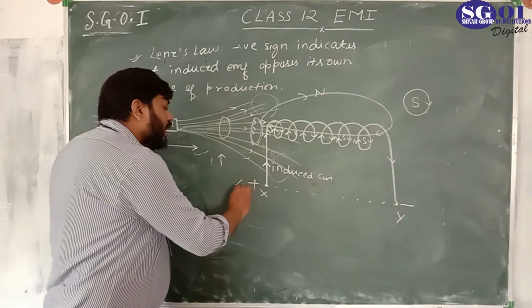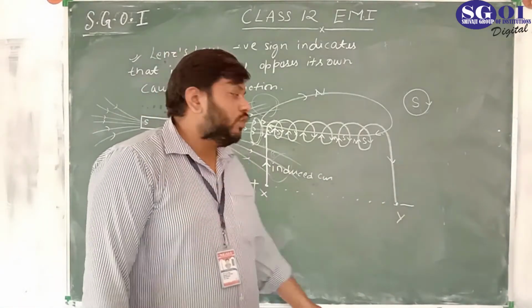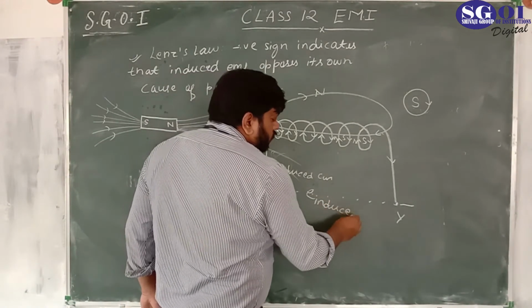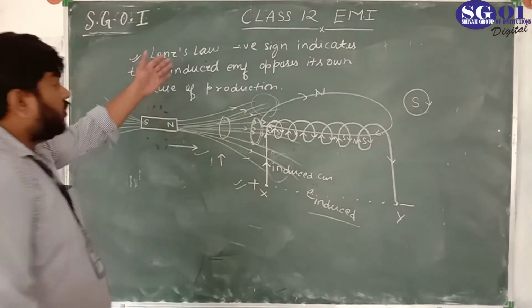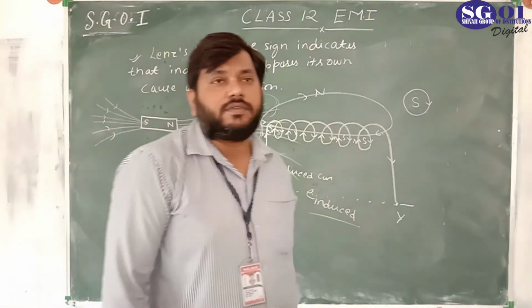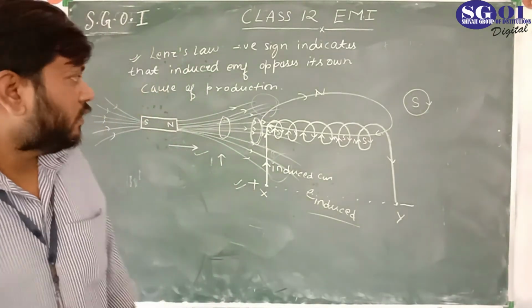So finally we are able to find out the polarity of the induced voltage, E induced. Because of which law? Lenz. So this is the importance of Lenz's law in this particular chapter. A very important point.